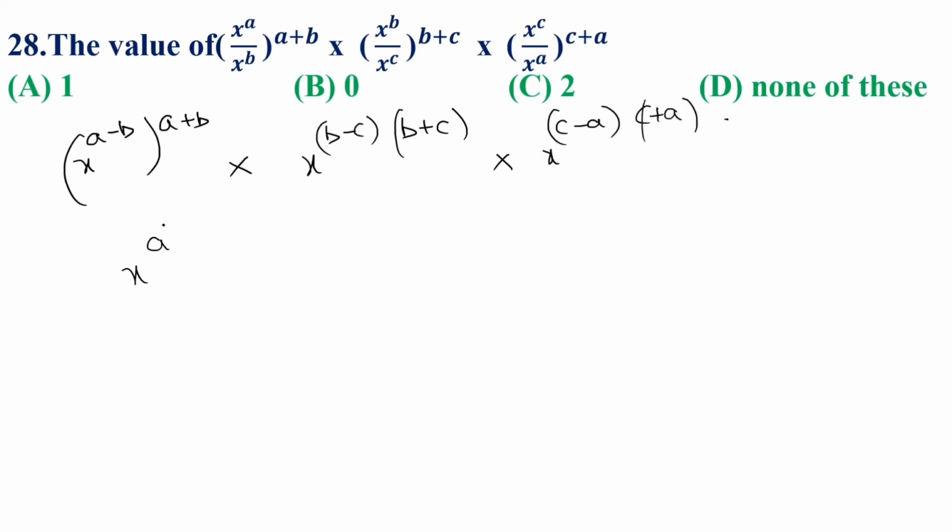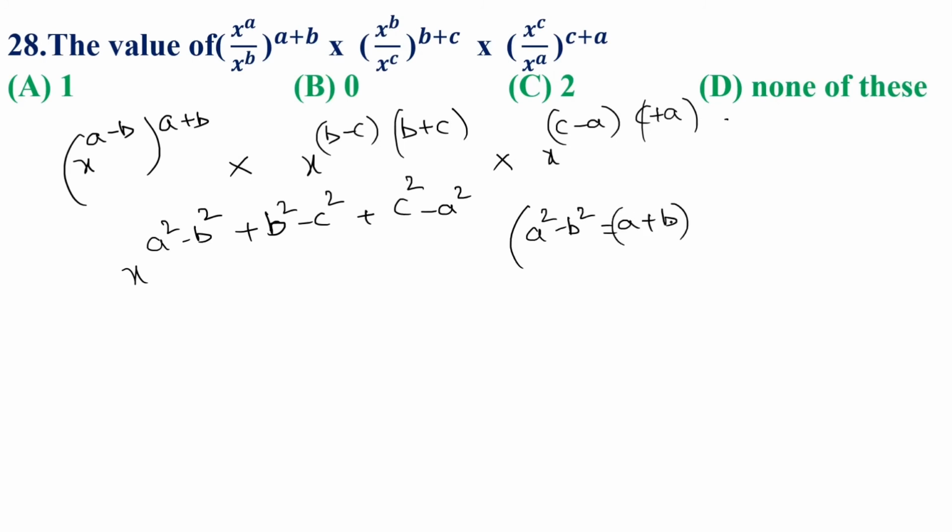So this will become x to the power of a square minus b square plus b square minus c square plus c square minus a square. Why? a square minus b square is equal to (a plus b) into (a minus b). So a square minus a square, b square minus b square, c square minus c square. So x to the power of 0 is equal to 1.